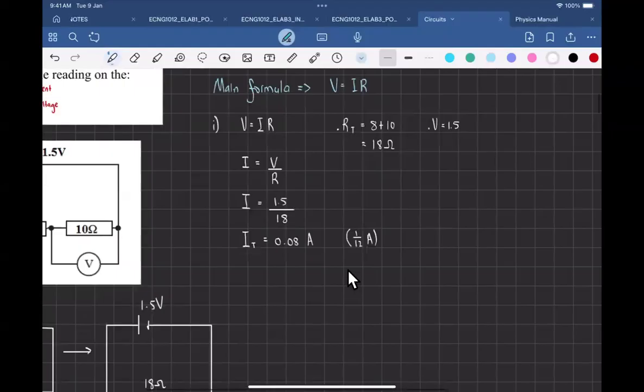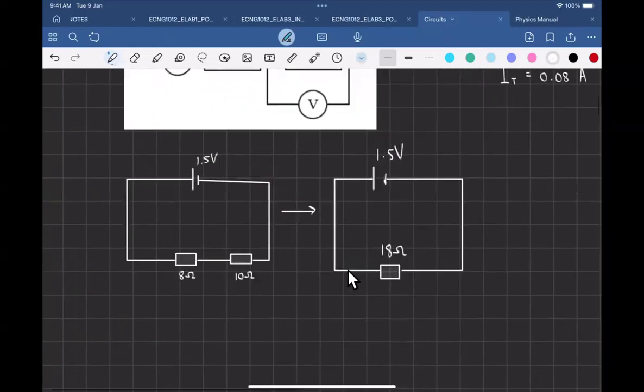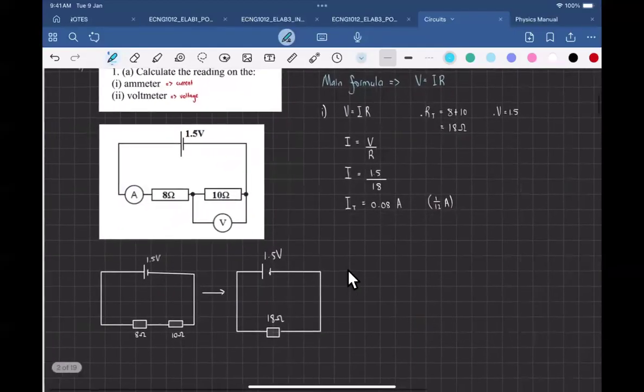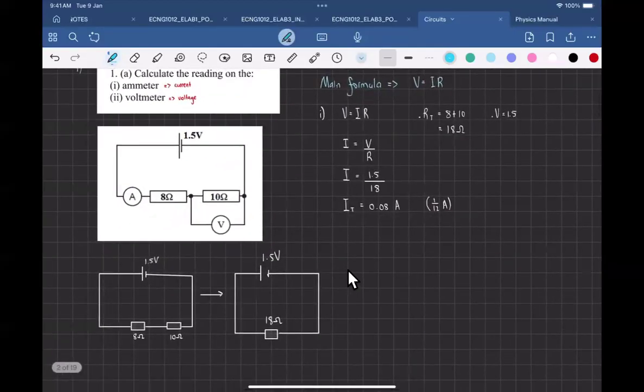Right. So Justin, what did we just now find? What is the current flowing through the circuit? 0.08. Yeah. Plug that into the calculator.